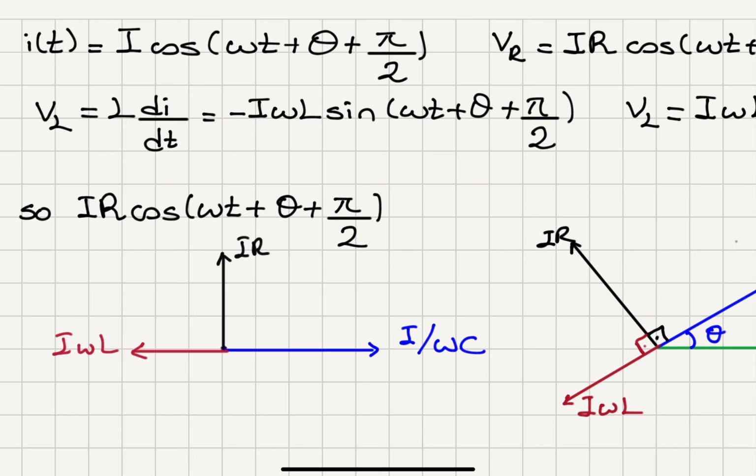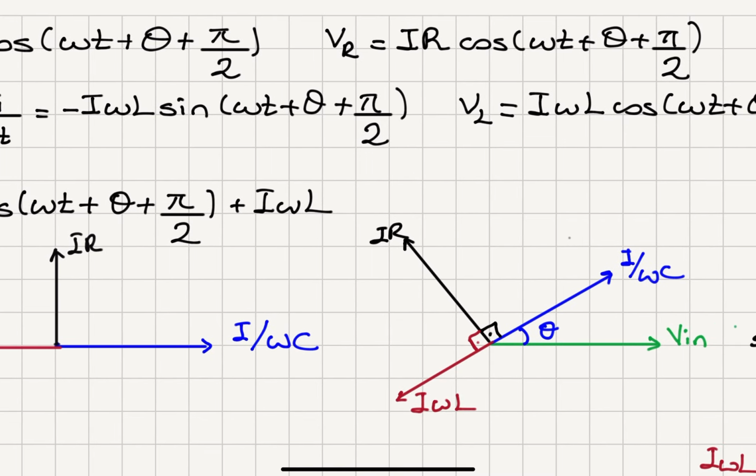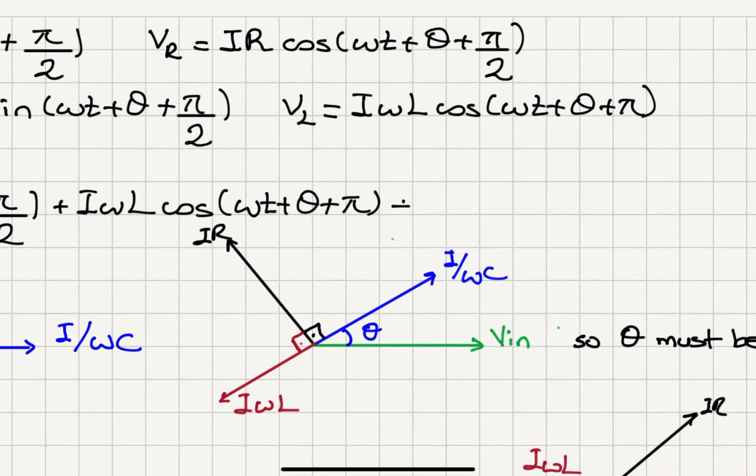Then I have the inductor voltage, I omega L cosine omega t plus theta plus pi. And then I have the capacitor voltage, I divided by omega C cosine omega t plus theta.